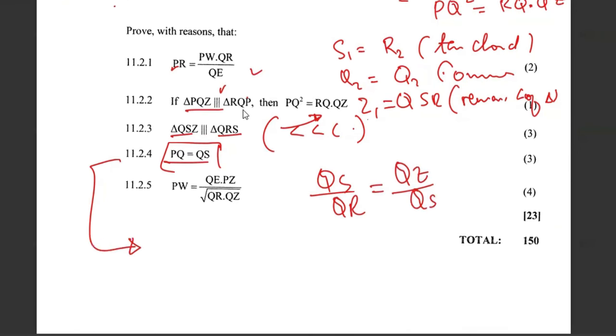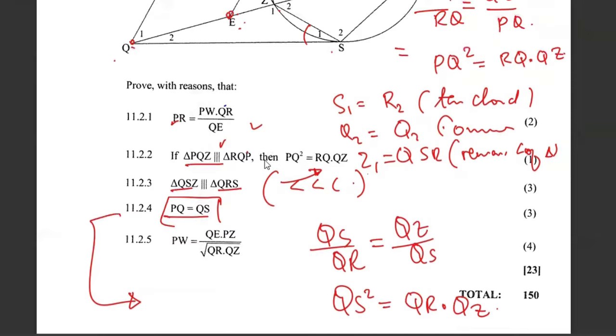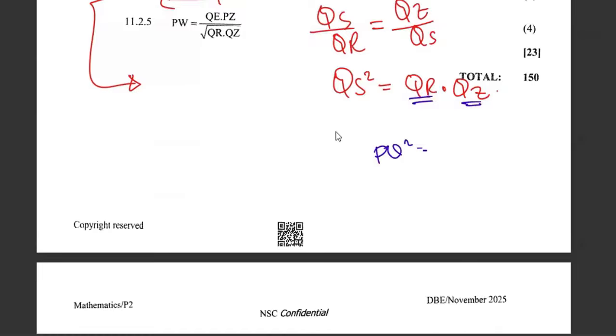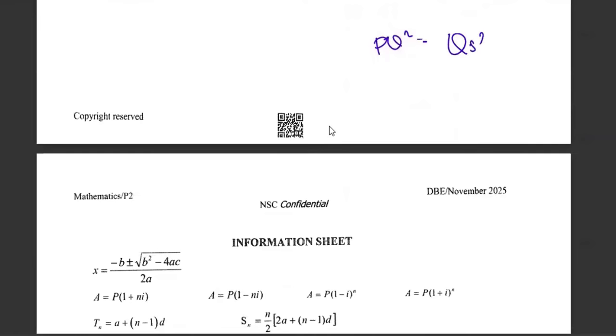Since we are looking for QS, QS squared is the same as QR multiplied by QZ. But remember, in the previous question, we said that PQ squared is the same as RQ and QZ. So meaning that PQ squared is equal to QS squared. And then we have our PQ being equal to QS, just as the question wanted it.